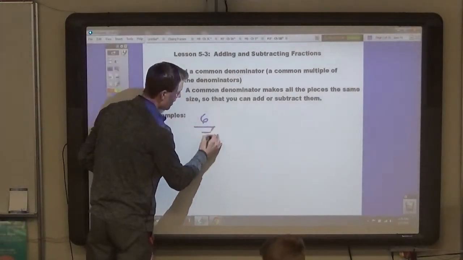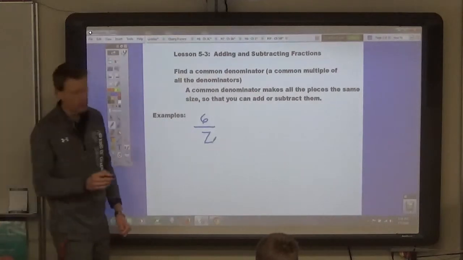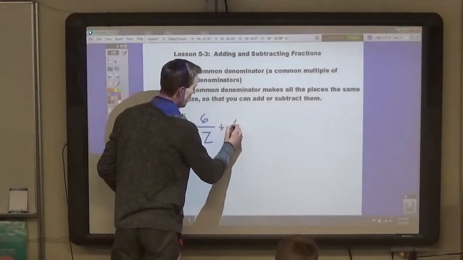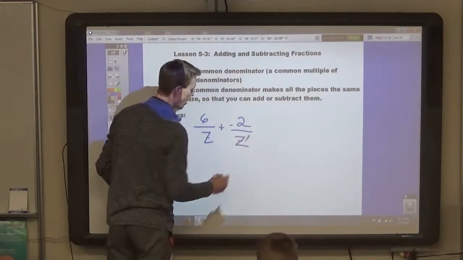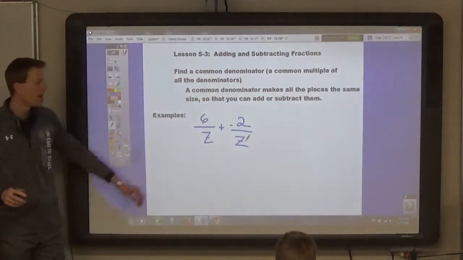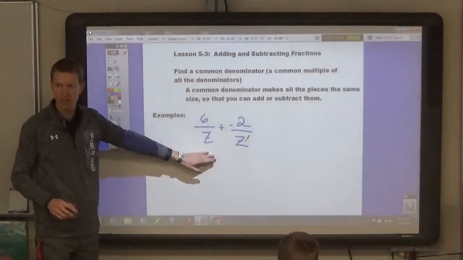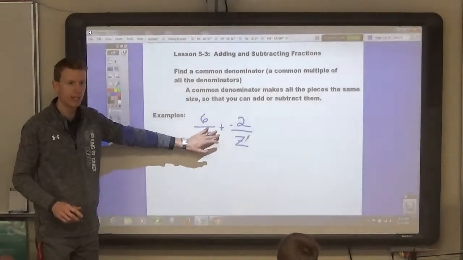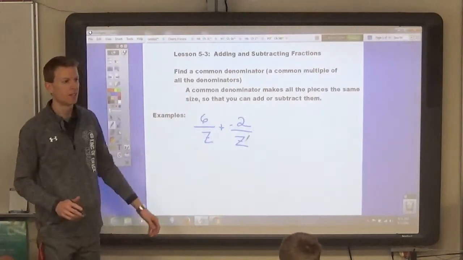6 over z plus negative 2 over z. Okay? Now, do these have the same denominator? So can we just add the numerators? Yeah. Yep.